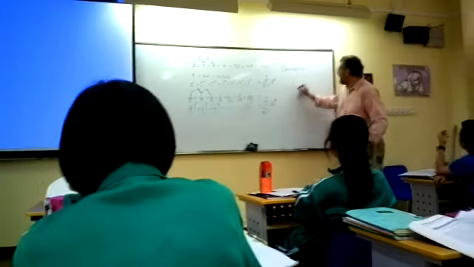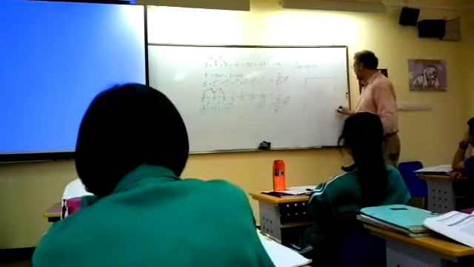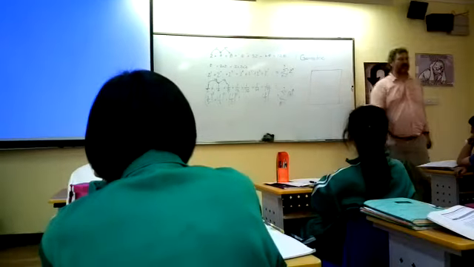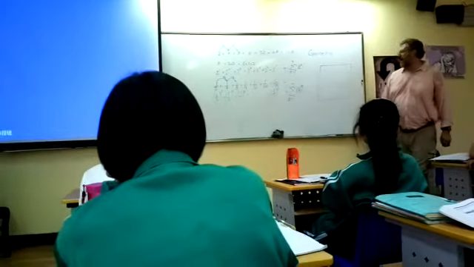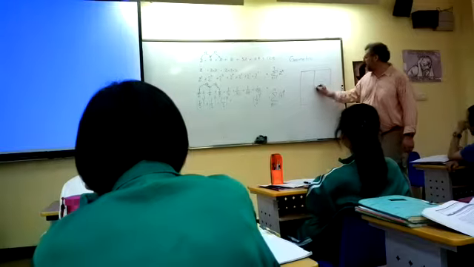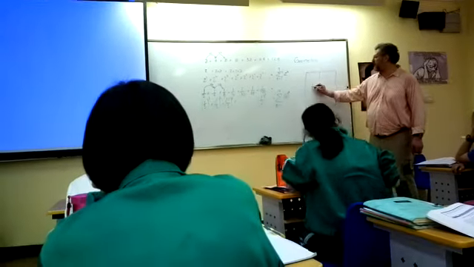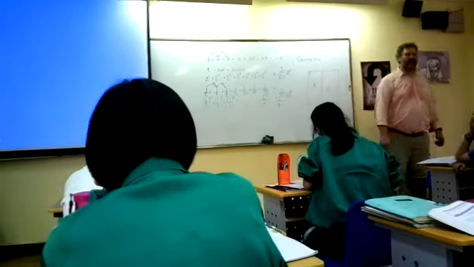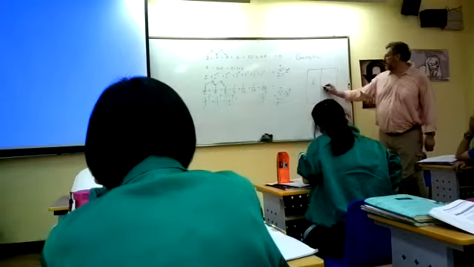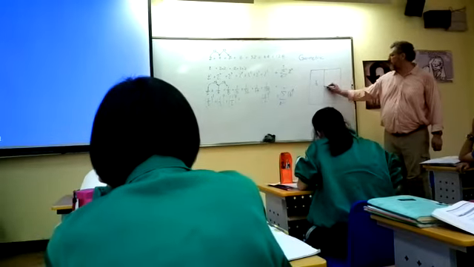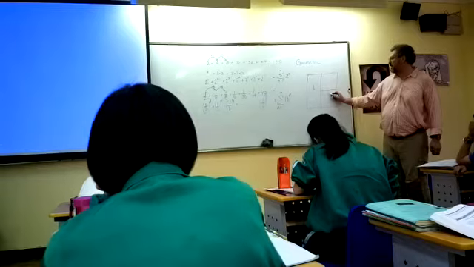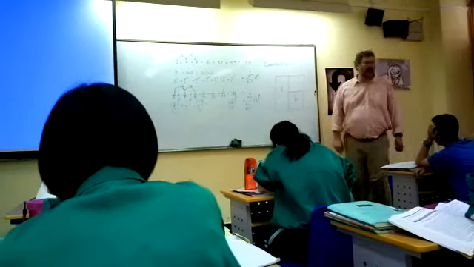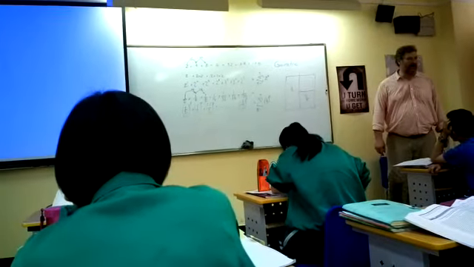So, let's imagine we have a square. A square like this. Now, I'm going to cut it in half. So this is a half. Then I'm going to cut that in half. This is a quarter. Have you seen this before?